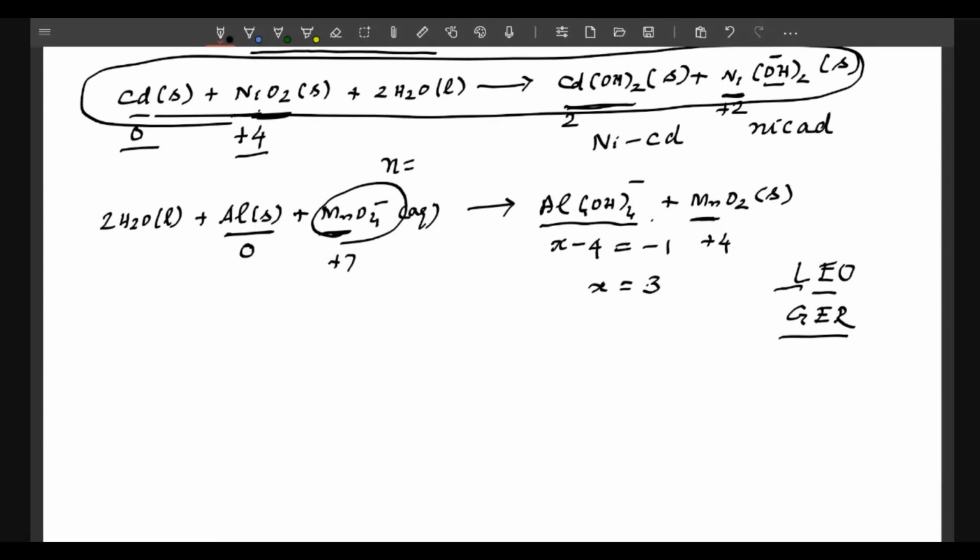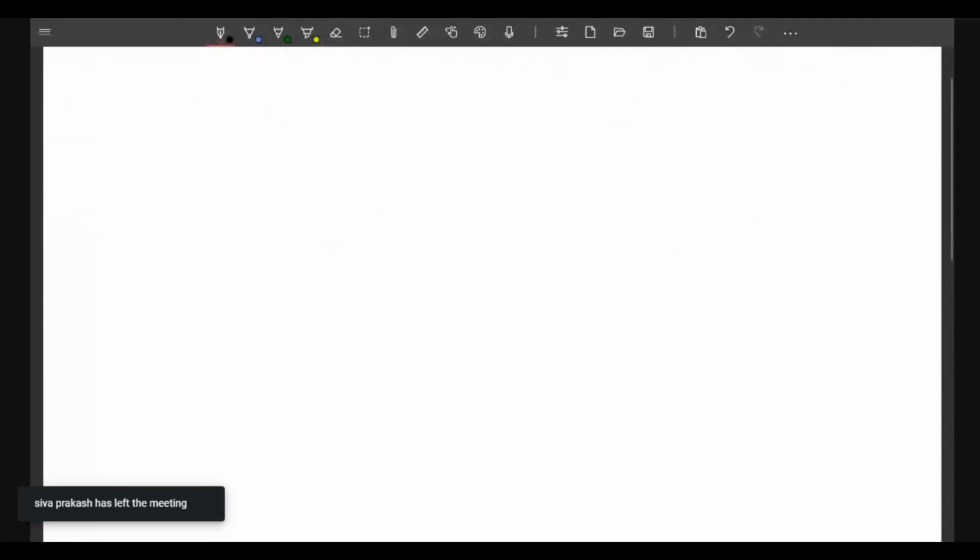If it is an unbalanced equation, you are asked to calculate the balanced equation, for which I am going to give you a CSIR problem like this. Take down the problem.